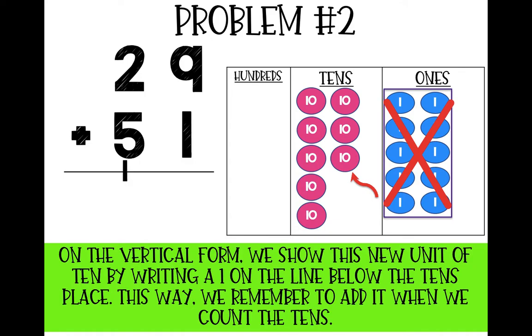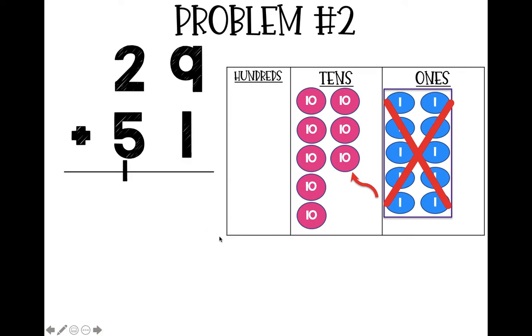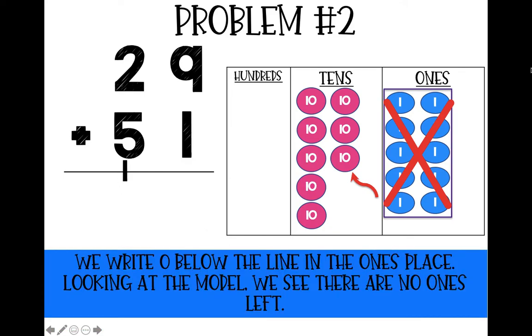When we show this new 10 on our line in the tens place, we remind ourselves that we need to add another 10. If we look at our ones, we have 0 ones because we know that 10 is 1 10 and 0 ones. So that 0 goes below the line in the ones place.